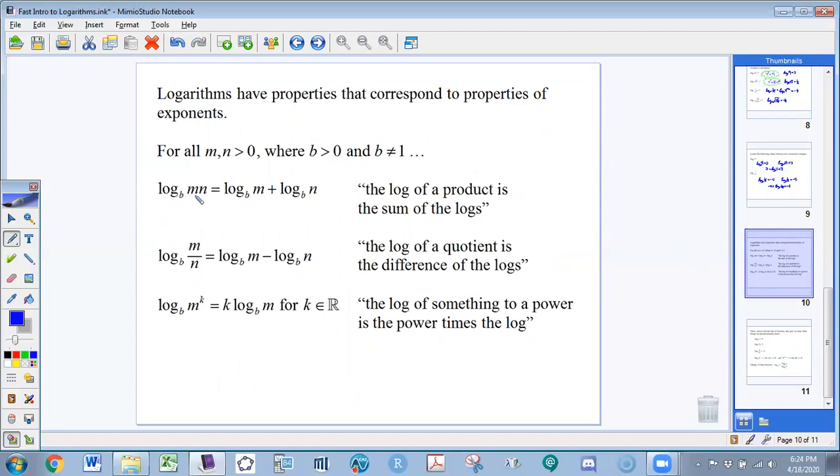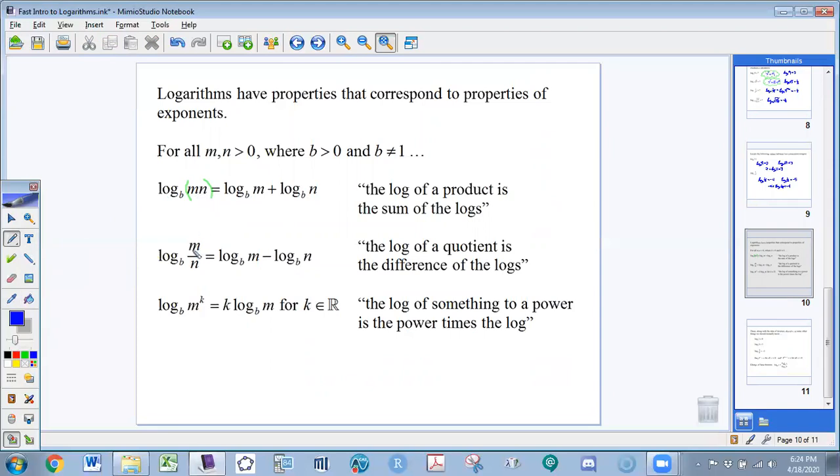So here's our first property. Log base b of m times n is equal to log base b of m plus log base b of n. Again, there are some hidden parentheses. As long as it's multiplication, we tend not to put them, but we are talking about the log of the whole quantity, m times n. That's a product.